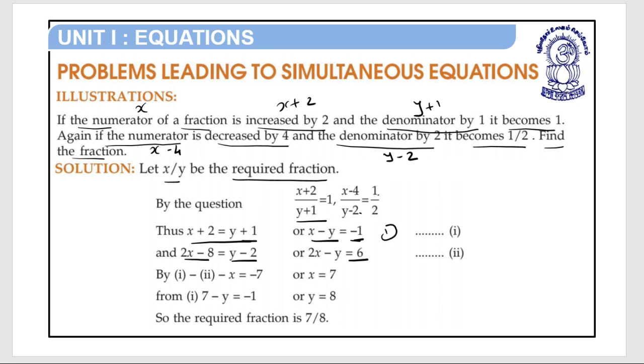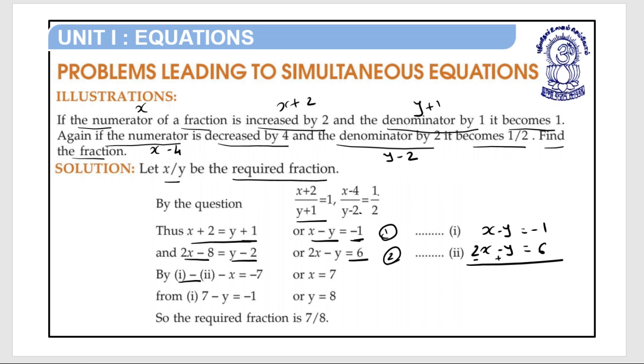Equation number 1 and equation number 2. By subtracting equation number 1 from 2, x minus y is equal to minus 1, 2x minus y is equal to 6.